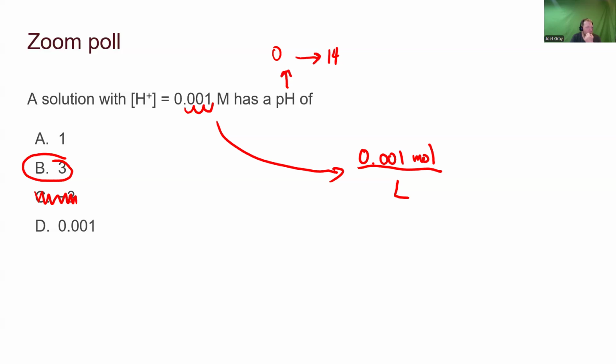Just to give you some other ideas of how to navigate these sorts of questions, let's say that I had a hydrogen ion concentration of 0.01. What's the pH of that solution? 2. 1, 2. What about, actually, what about this?